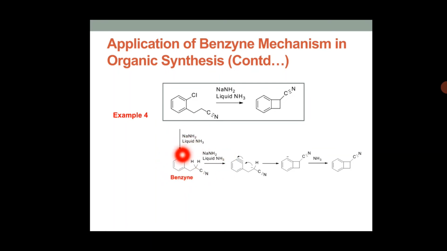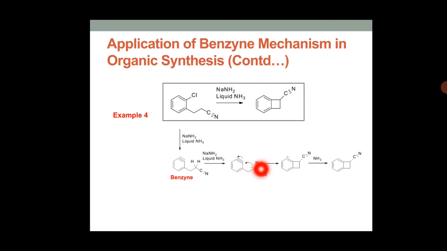This benzyne intermediate, when treated with sodamide and liquid ammonia, which is already present in the medium, leads to the abstraction of the proton here, which is acidic, because this proton is adjacent to a cyano group which has an electron withdrawing effect.